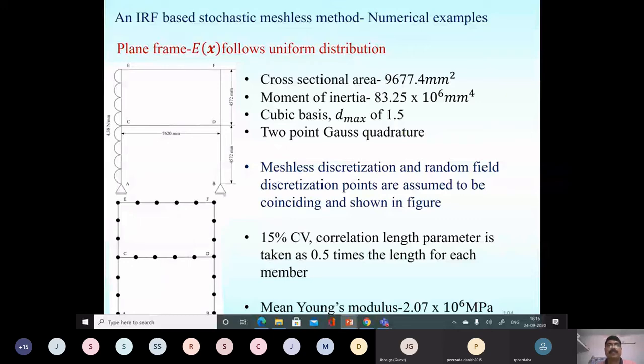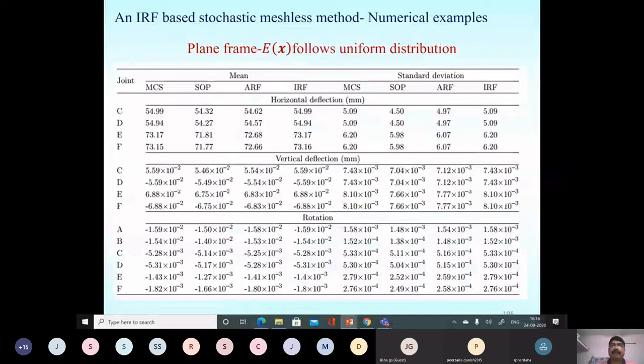The displacements, both mean and standard deviation at some points, the horizontal deflection, vertical deflection, even rotation. And we found that IRF and MCS match. We got exactly similar results up to the second decimal, it matches well. Only at the fourth or fifth did we find some difference.